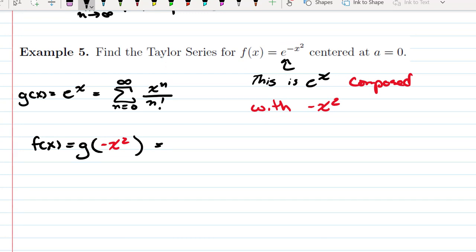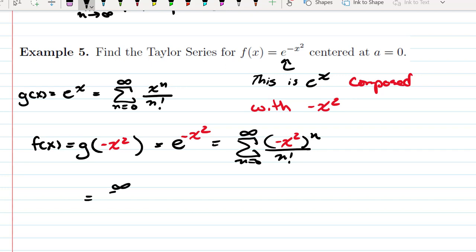So if we replace all of our x's in g of x with that, indeed we're going to get e to the negative x squared, but if we do that also in the Maclaurin series, we're going to get negative x squared all over n factorial.